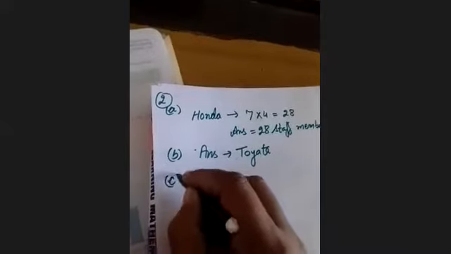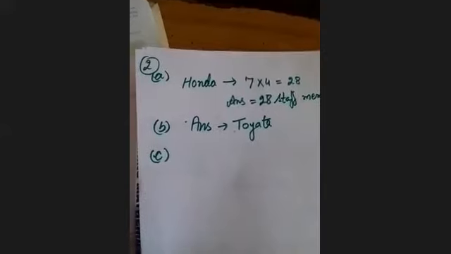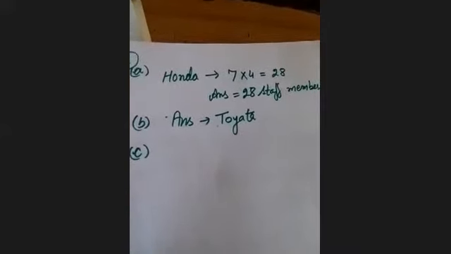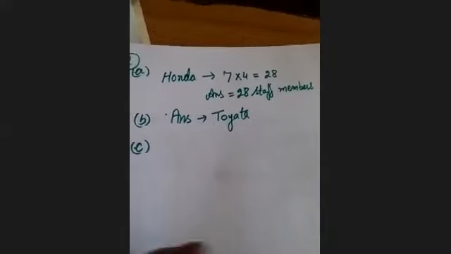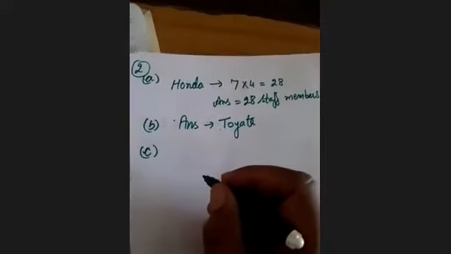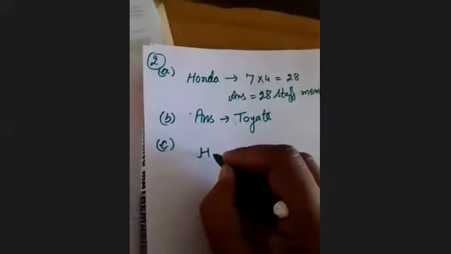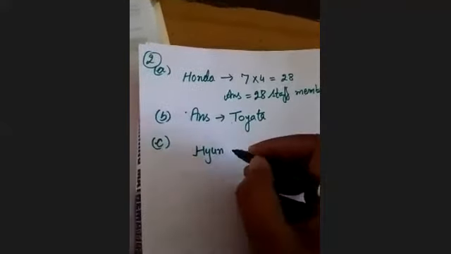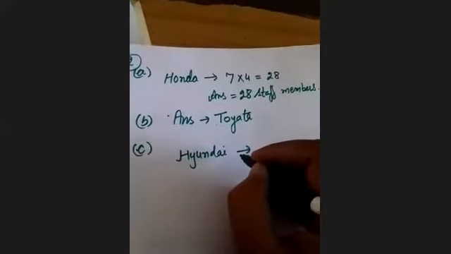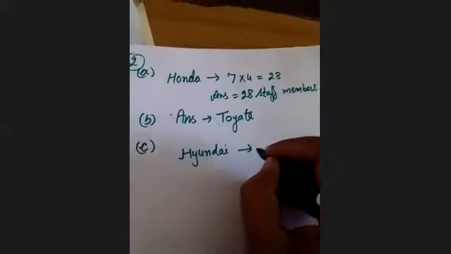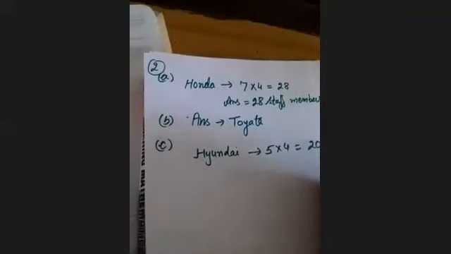Next, C. What is the difference between the number of staff members who own Hyundai brand of cars and those who own Ford brand of cars? First, we'll see how many staff members use Hyundai brand. In this column, we have 5 pictures. 5 into 4 is 20 staff members.